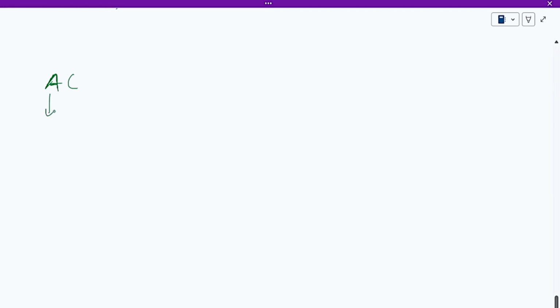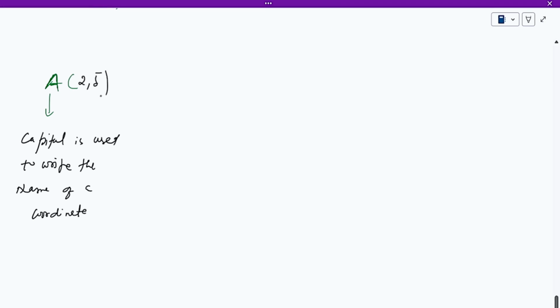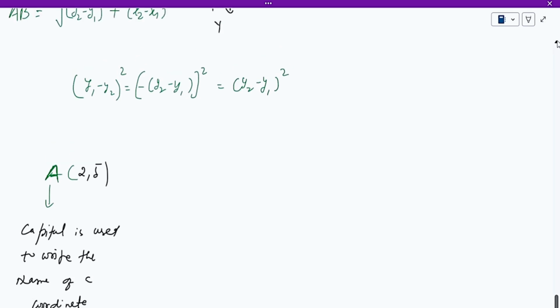Capital letters are used to write the name of a point, the name of a coordinate. So here 2 comma 5, distance formula, just check it once what I said.